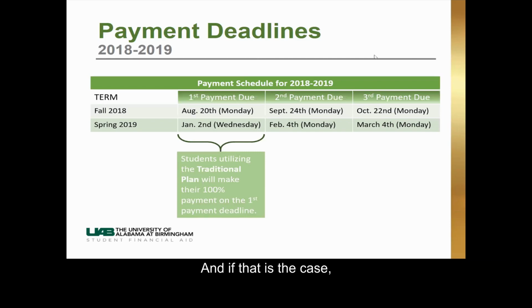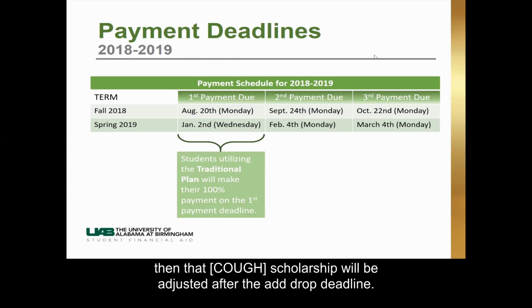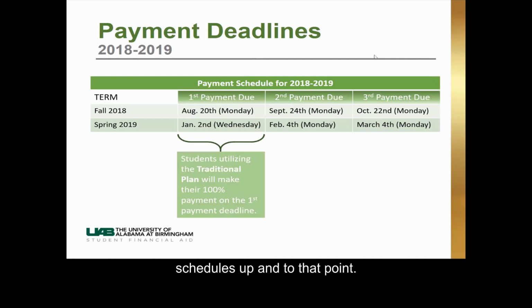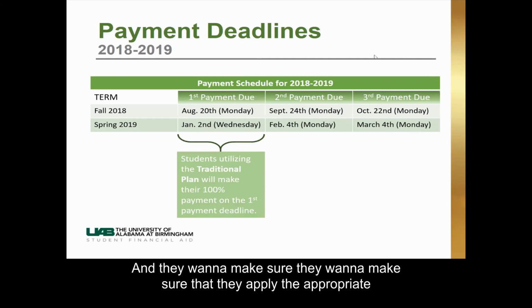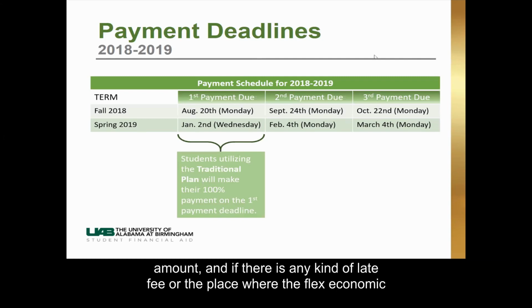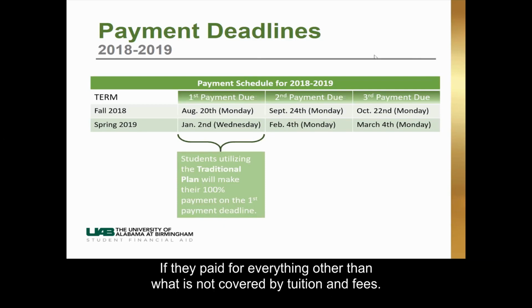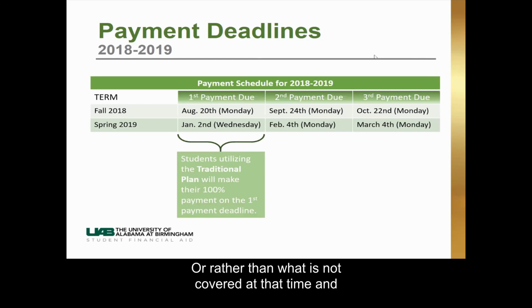If that is the case, then that scholarship will be adjusted after the add drop deadline. The reason they do that is because students can continue to adjust their schedule up until that point, and they want to make sure that they apply the appropriate amount. And if there is any kind of late fee, or the Blazer Flex enrollment fee associated with that, they will have that removed if they've paid for everything other than what is not covered by tuition and fees, or other than what was not covered at that time and has since been adjusted.